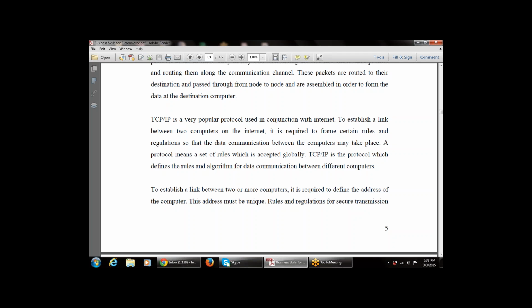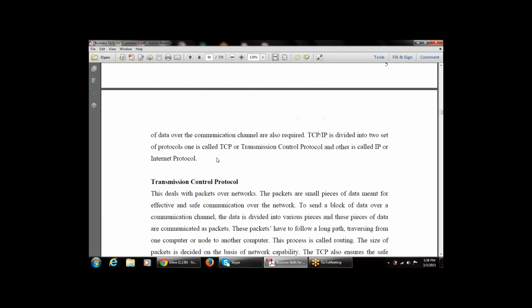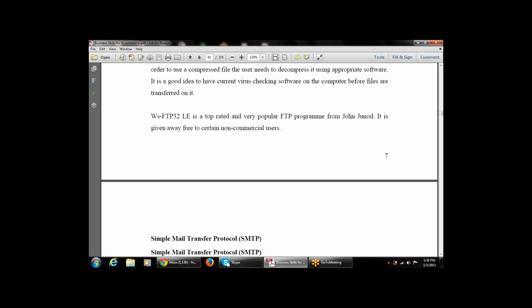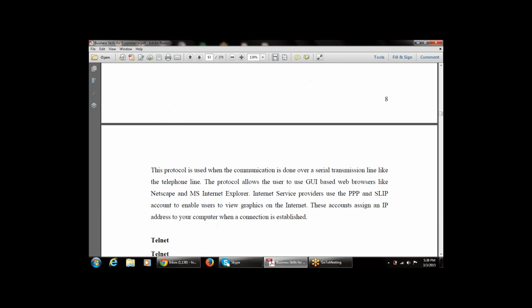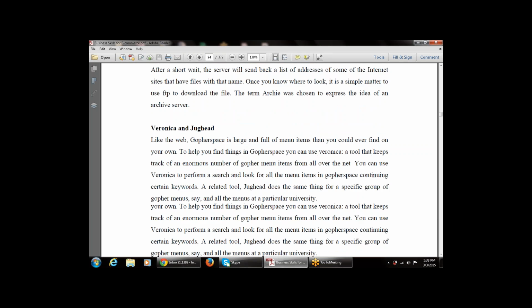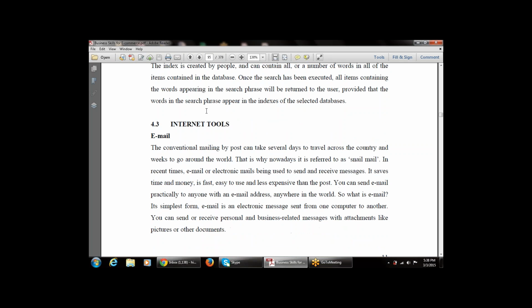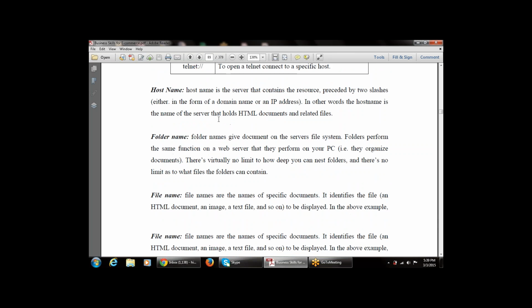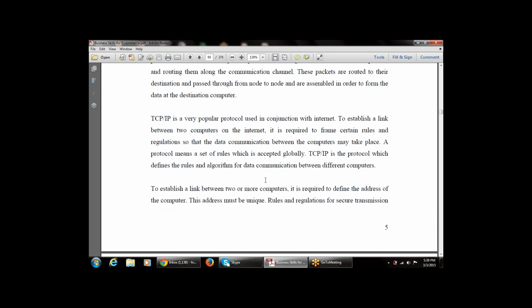Next paragraph says, whenever I want to establish a link between two computers, it is required to define the address of the computer.